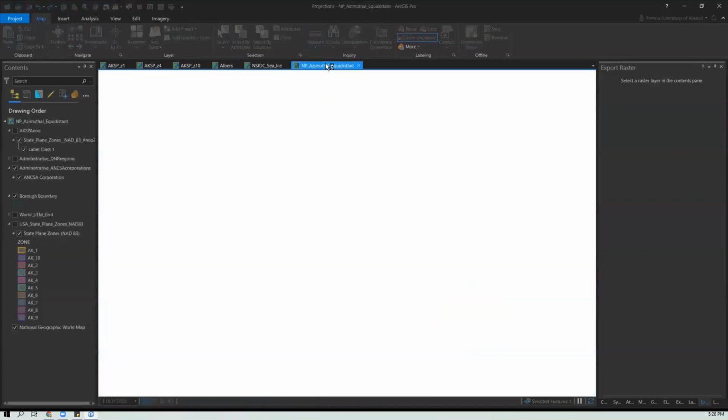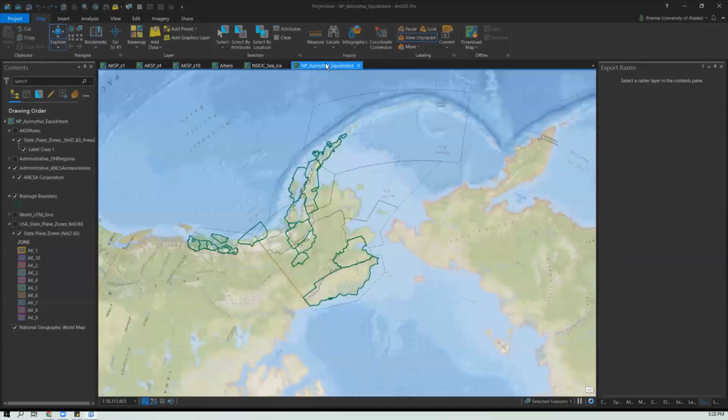And another polar model, the North Pole azimuthal equidistant. So I think this is helpful, especially when looking at northern region issues like subsistence questions, or looking at risks as a result of oil development in the Arctic, or the impacts of a lot of new shipping and visiting tourism to the Arctic.